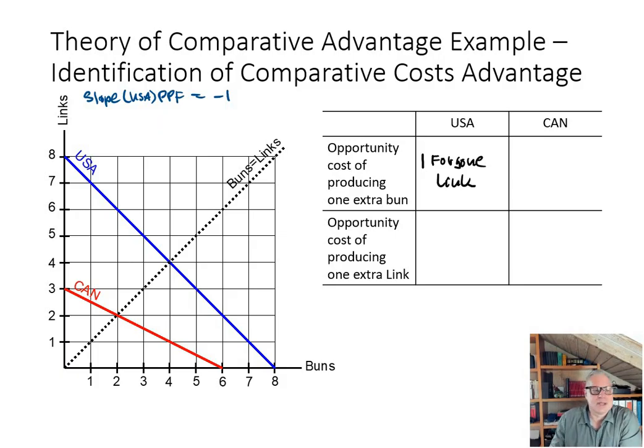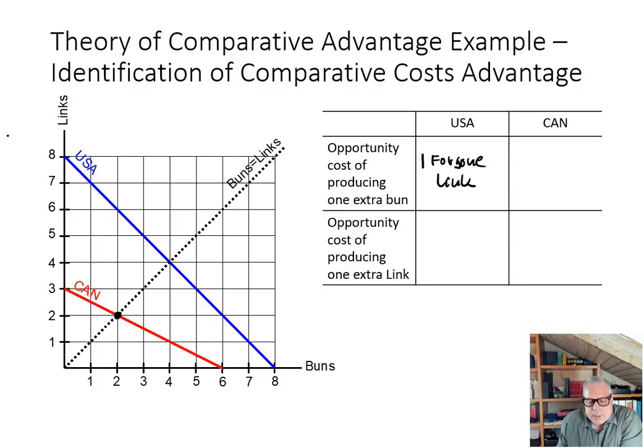Okay, so now let's take a look at what the opportunity costs are for an extra bun for Canada. So let's assume, let's take maybe this point here. Let's assume Canada produces at this dot 2 and 2.